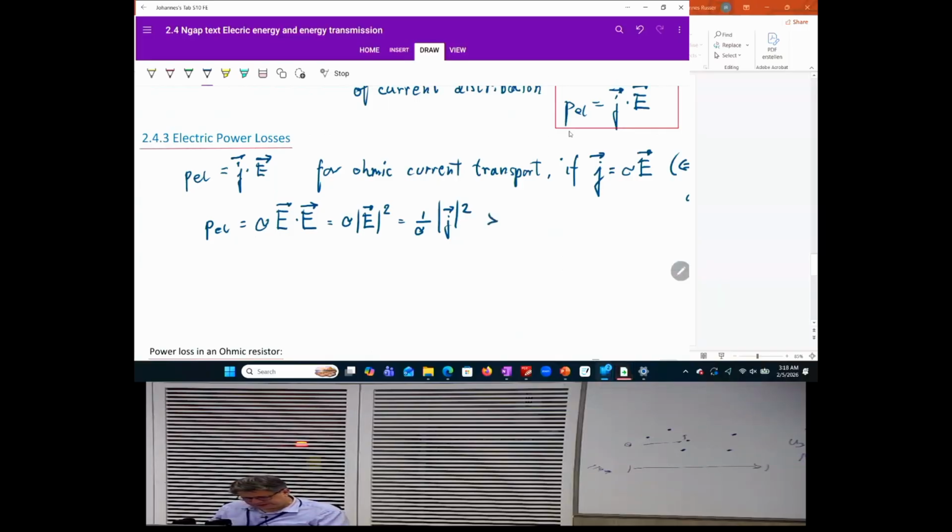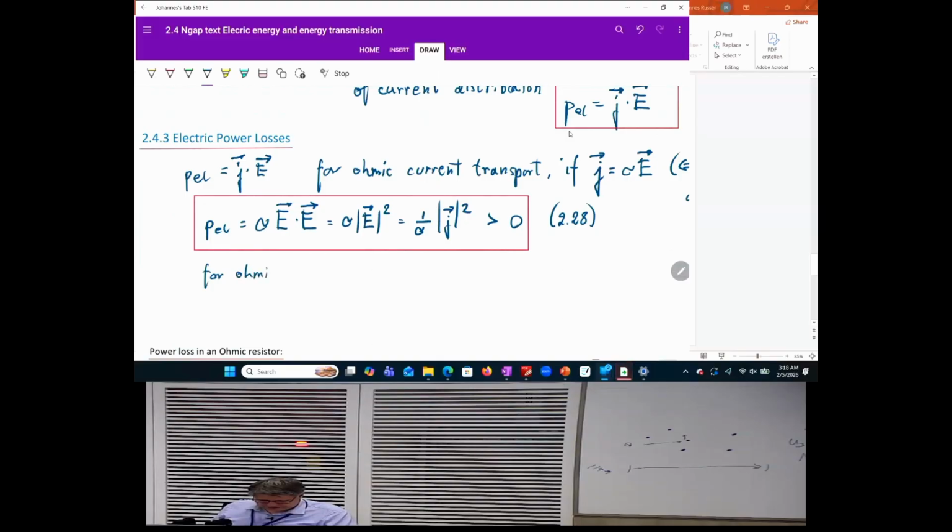And because it is ohmic transport, we have no power being generated. We have power that is being used. So this will be larger than 0. This is our equation 2.28. So for ohmic transport, this power density is larger than 0 because we have a power loss.